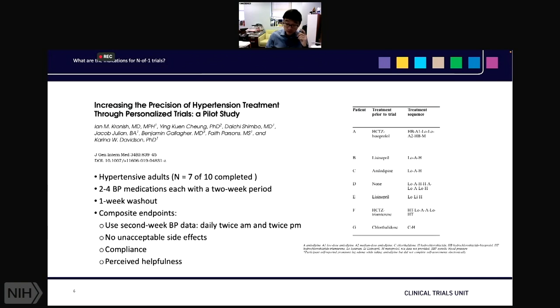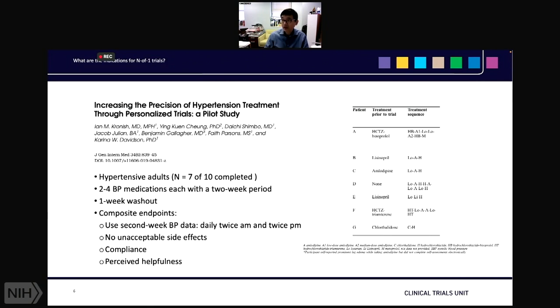The second example is also treating hypertension, but in adults. This is a report of a series of 7 N-of-1 trials. The design is similar. Again, it's a multi-period crossover design, but it is different from the previous study in children, in that in the previous study, each child would receive exactly the same 3 BP medications during the experimentation.